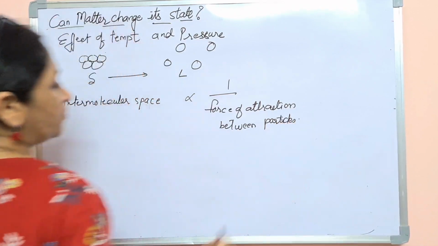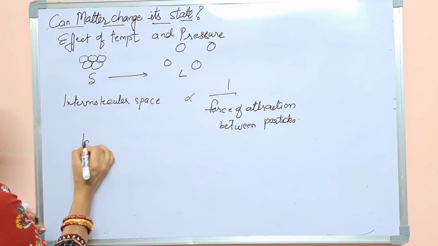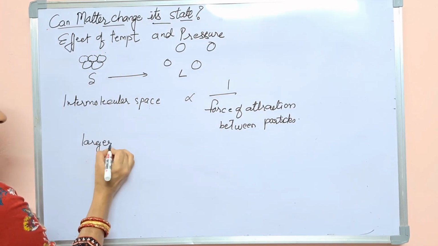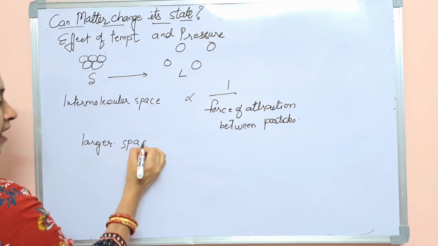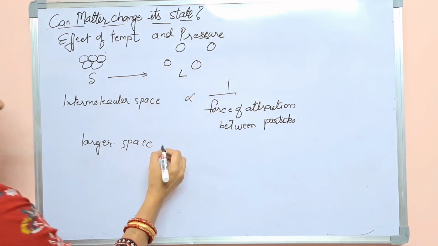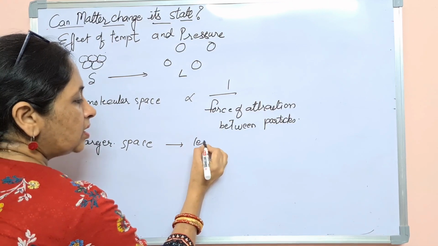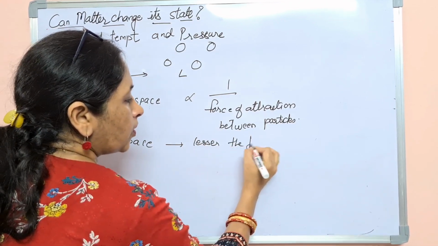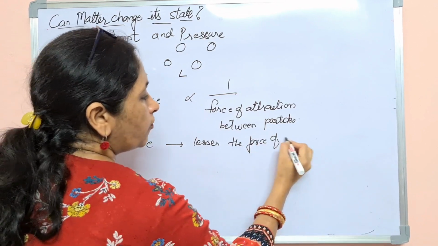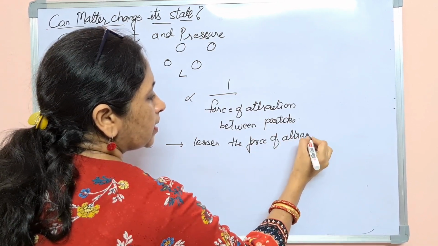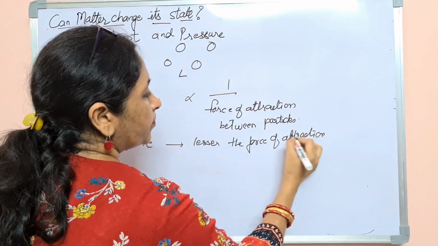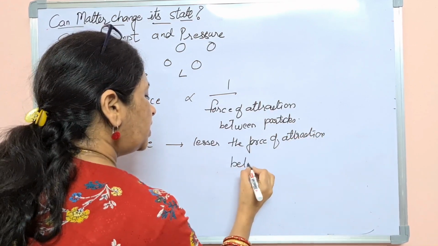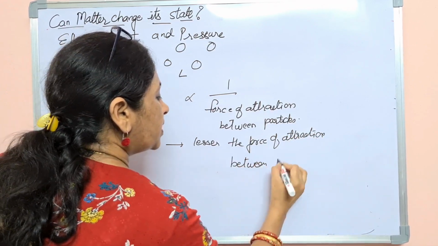Force of attraction between the particles. Larger the space, अगर in between बहुत ज़्यादा है, so force of attraction less. Lesser the force of attraction between the particles.